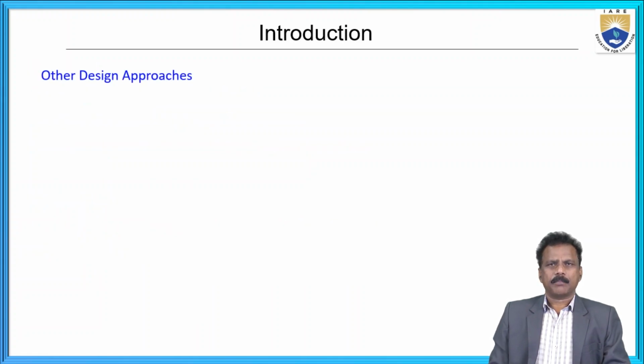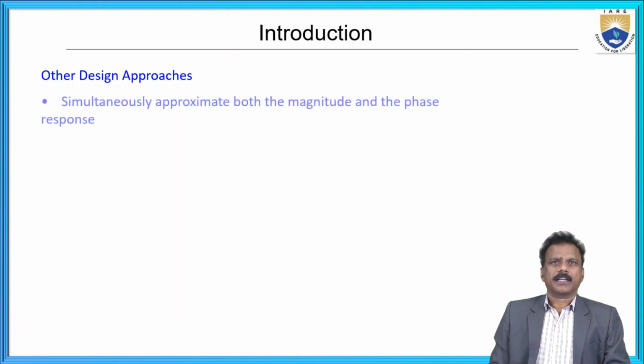Next, other design approaches. These are the drawbacks or disadvantages we observed. Do we go for other design approaches? Approach 1 and approach 2 we already know, how the domain is transferred from domain to domain, and the merits and demerits. But there are other design approaches that simultaneously approximate both the magnitude and the phase response.